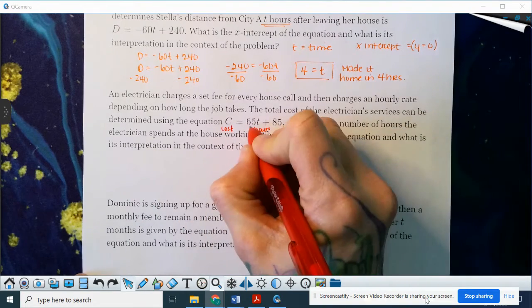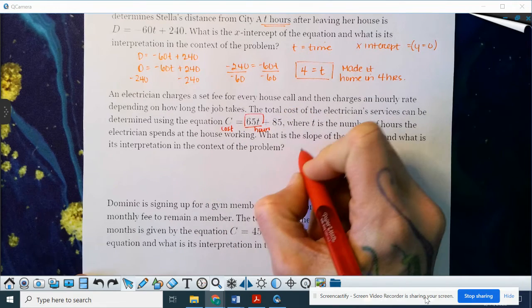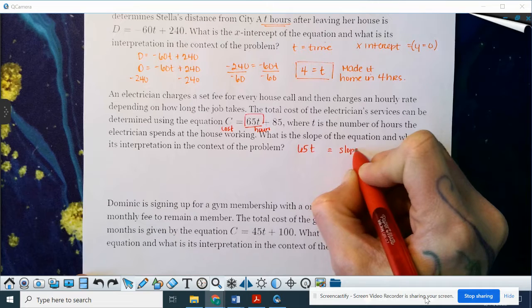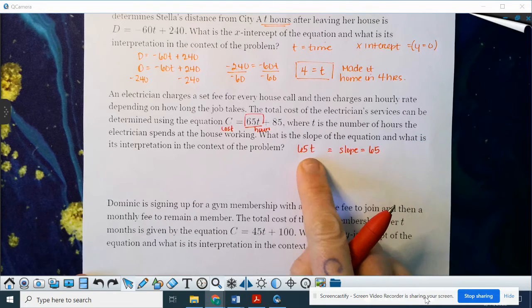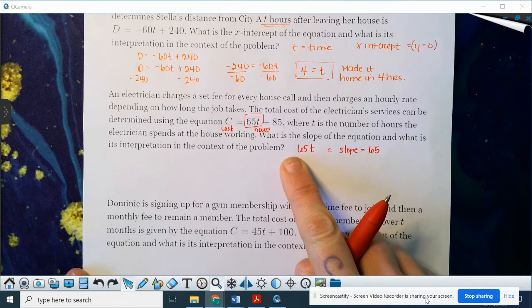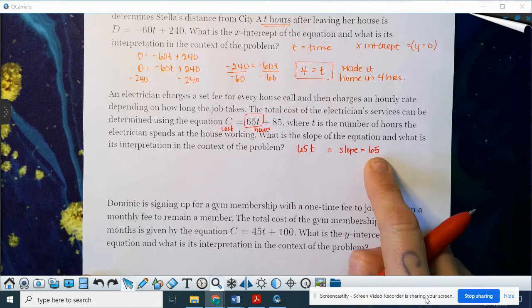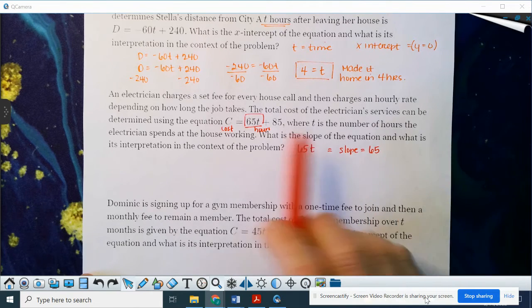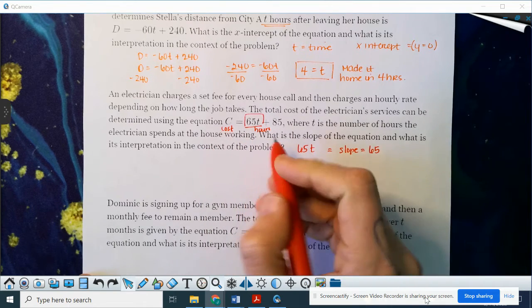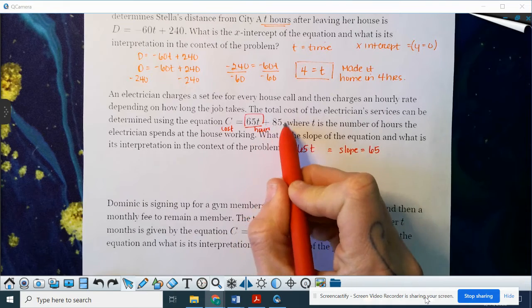So slope, remember, that's mx. So that's going to be 65t, so that's our mx. So our slope is equal to 65, because remember, t or x has its own job. It's just the m value, just the coefficient that you want to talk about as a slope. And this is the cost of the electrician, so that's per hour, right? So this would say $65 per hour with a flat cost of $85.